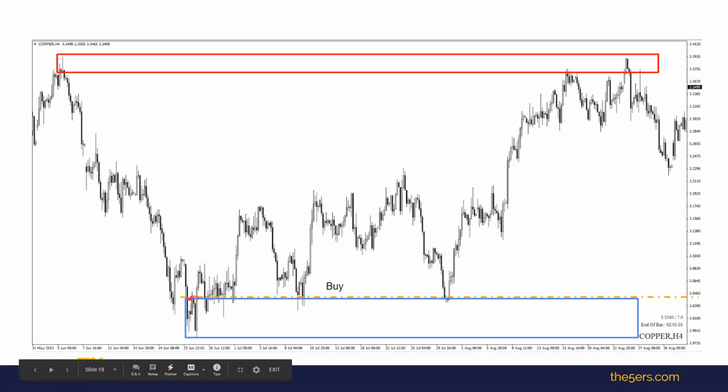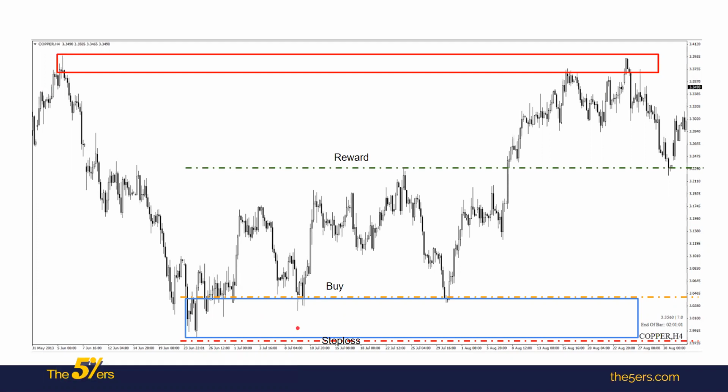First, if we have this demand zone, we will buy at the very inner edge of the demand zone, and our stop will be just below the end of the zone, where it has the lowest point that is created by the zone. Okay, so we have the buy at the inner edge and the stop loss just beyond the outer edge of the zone.